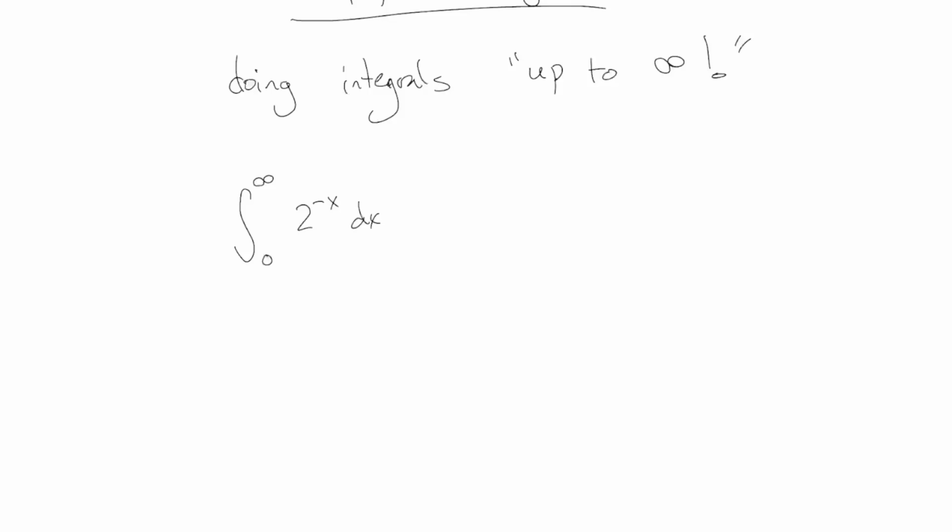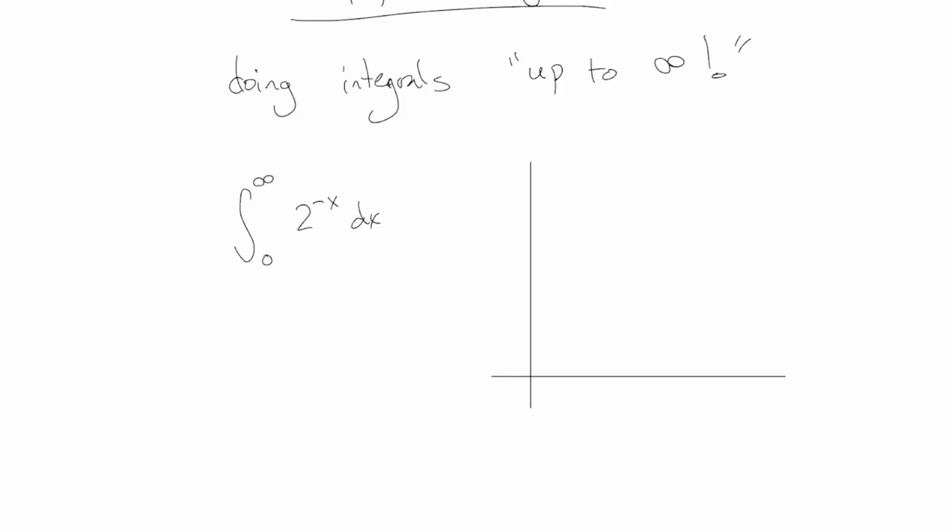Infinity, of course, is not a number, so you cannot do this like an ordinary integral, because an ordinary integral you would do the antiderivative of this and then plug in the two numbers, but there's no such thing as plugging in infinity. So we do need to discuss what this even means, but what it means, I would say, it means kind of what you think it means.